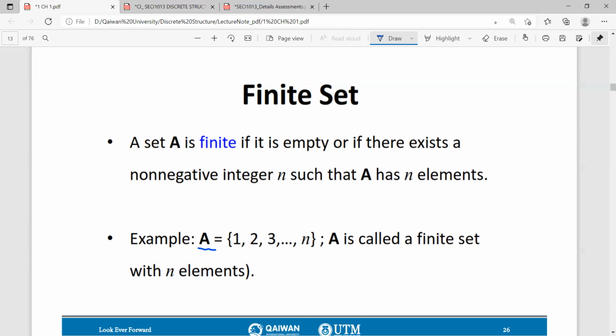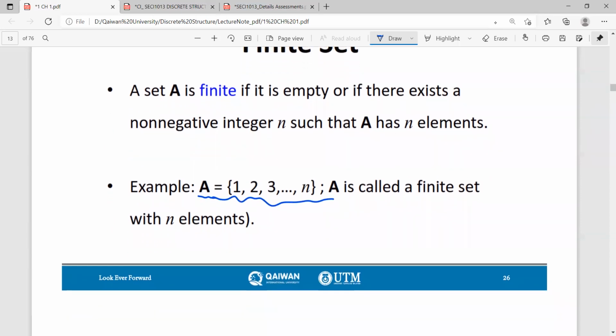That means it has n elements, and this set is a finite set. If n is 100, that means we have 100 elements in the set. So we have a certain number of elements in the set, so you say the set is a finite set.